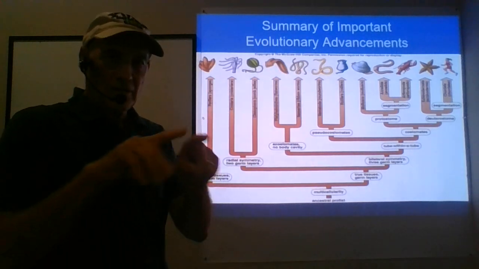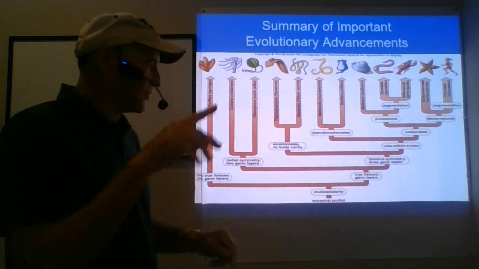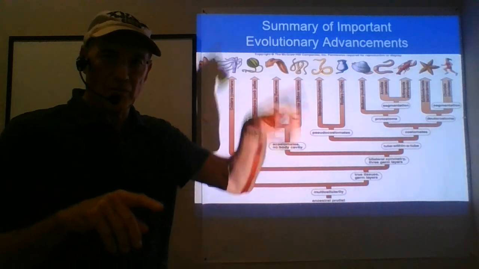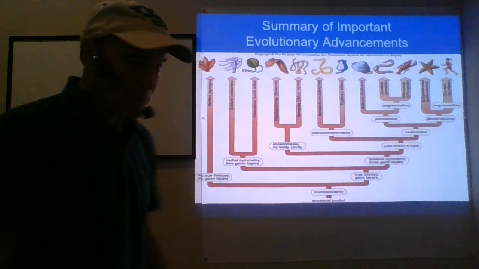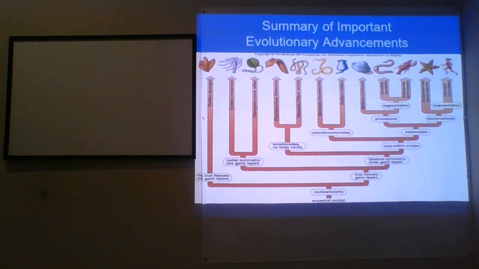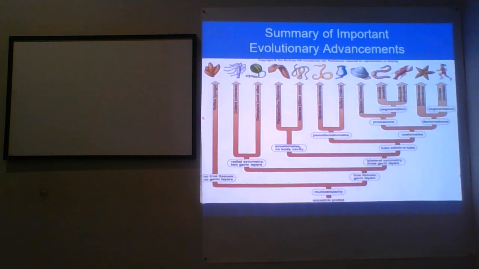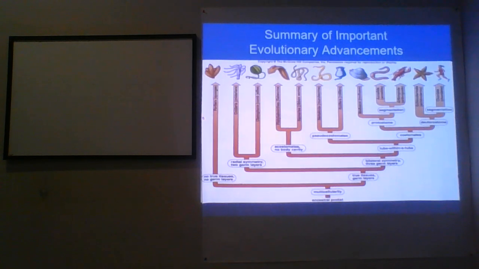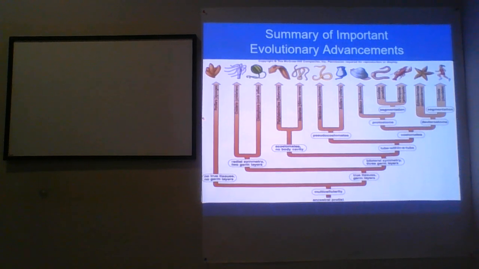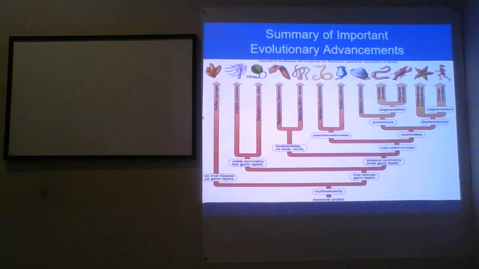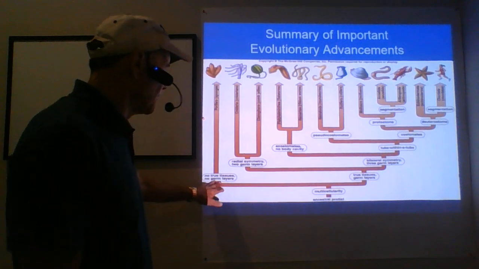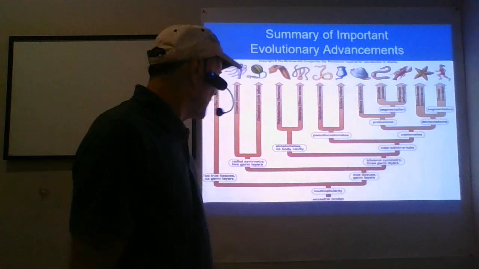These went this way, we developed this, and these went that way, and we developed that, branching things. So let's look at multicellularity.